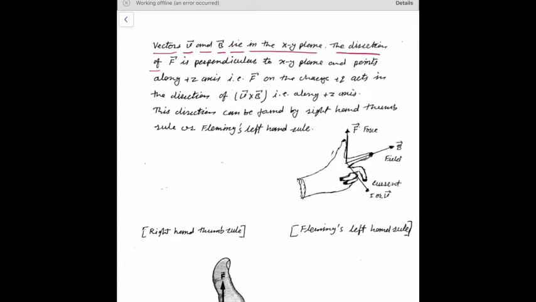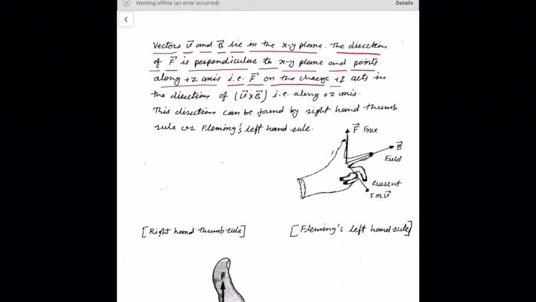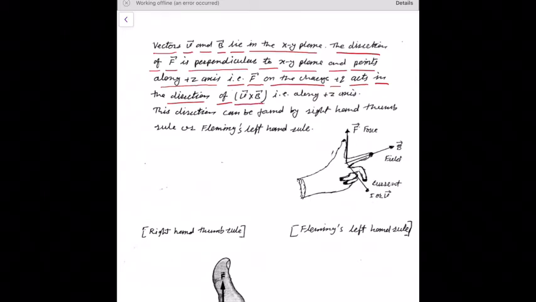The direction of F vector is perpendicular to the xy plane and points along the plus z axis, that is, F vector on the charge plus q acts in the direction of v vector cross B vector, that is along the plus z axis.